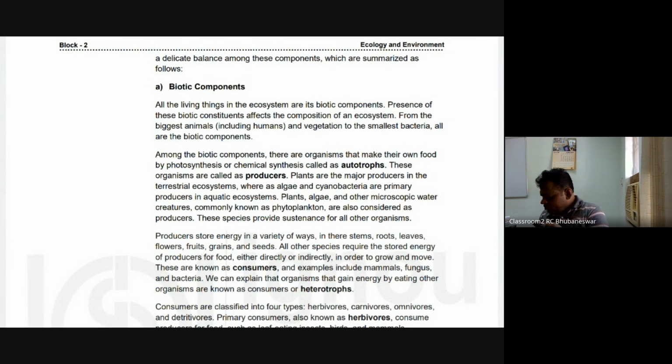Through the process of photosynthesis, they use solar energy and produce food. So they are the primary producers, and those plant communities are known as autotrophs. You have plants, algae, and other microscopic water creatures like phytoplanktons. They are known as your producers.